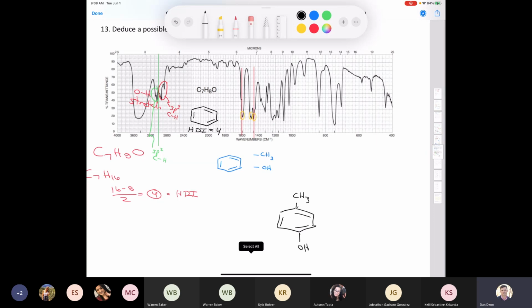And are there other possibilities? Yeah, I'd say there are. What if you connected it like this? I'd say that's also a possibility. So there's several possibilities here. This wouldn't make the greatest multiple choice question, but I would say that all of those would be possible based on the information that we are given.